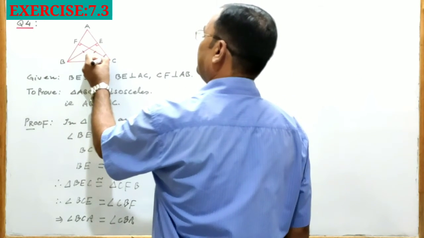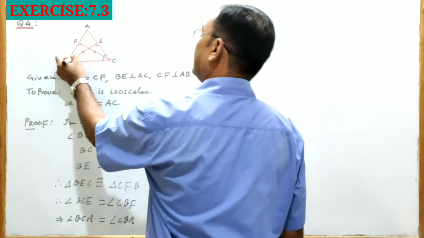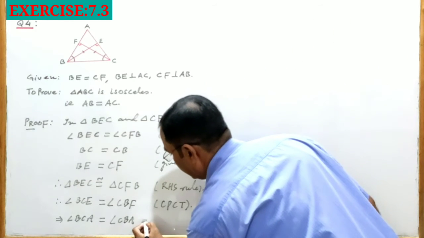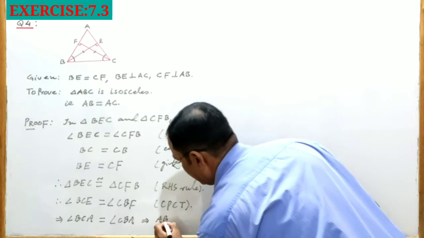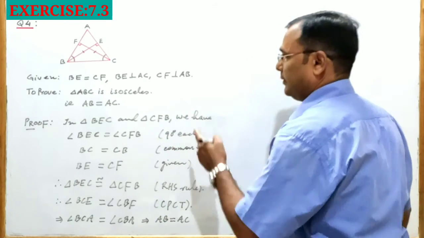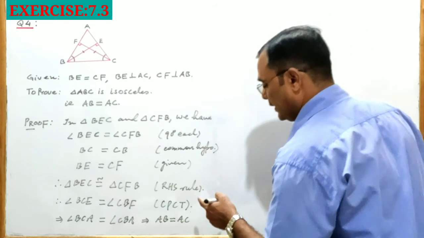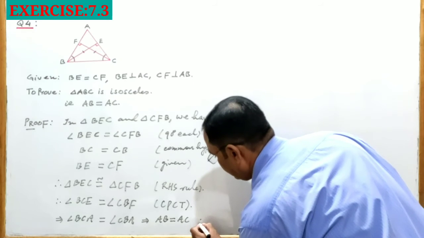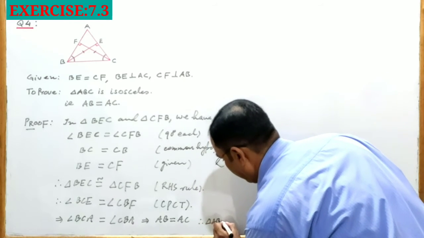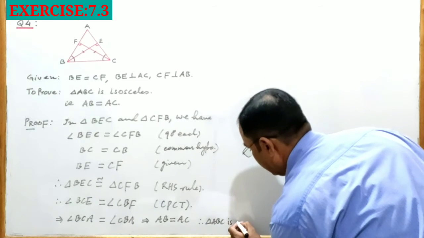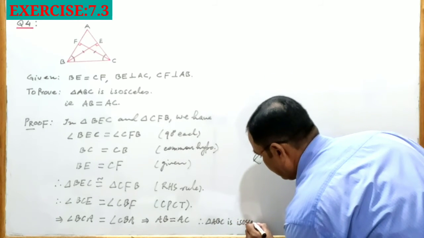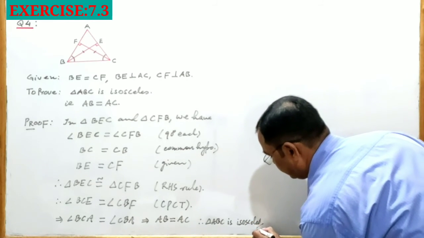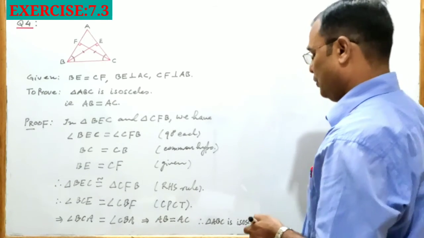This angle BCA and this angle CBA are equal in triangle ABC. So this implies AB is equal to AC, because sides opposite to equal angles are equal, and therefore triangle ABC is isosceles. Hence proved.